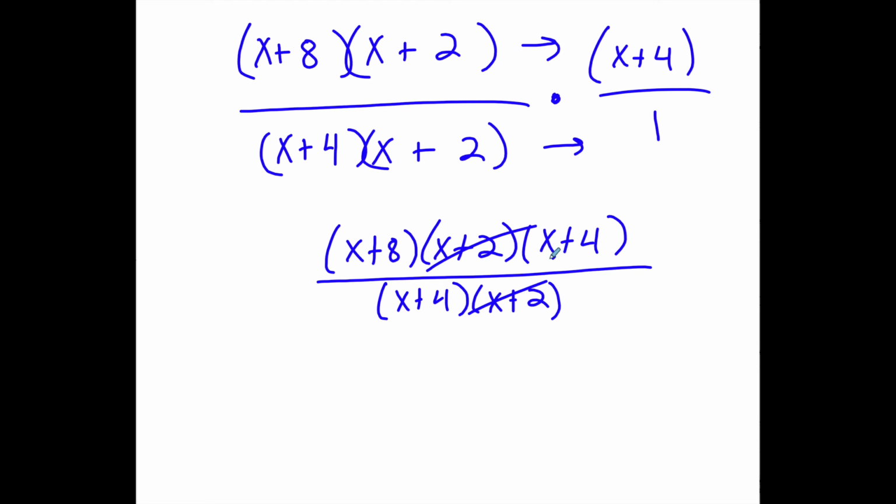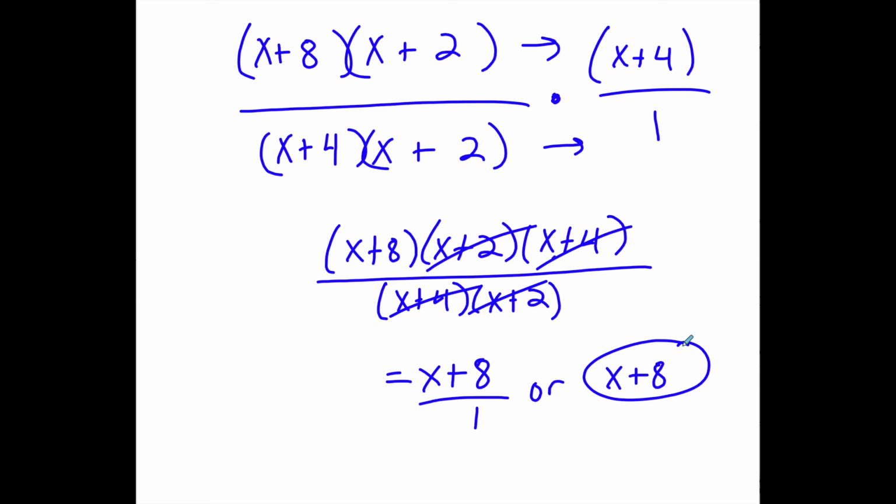The x plus 2's cancel, the x plus 4's cancel, and you have two options. You can write x plus 8 over 1, or you can write x plus 8. I would personally accept either answer. Many people are going to ask that you write it as x plus 8, but either way is technically correct, folks. Okay? Just want to make you aware of that.